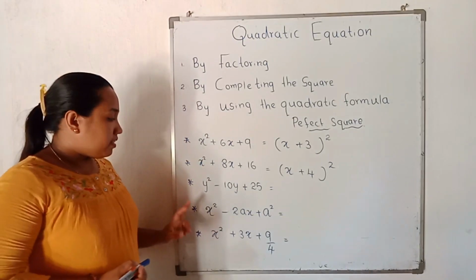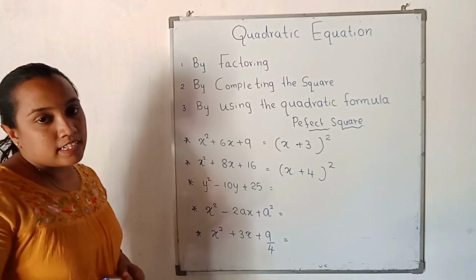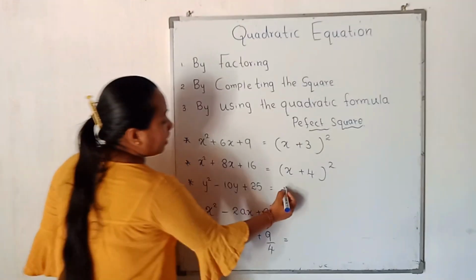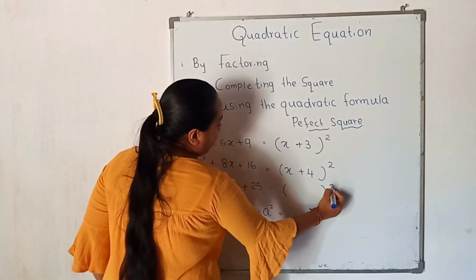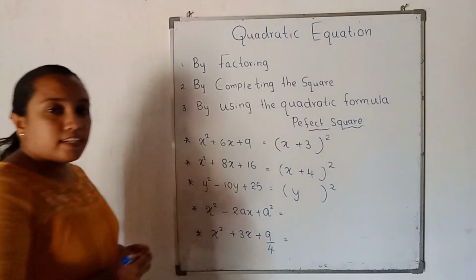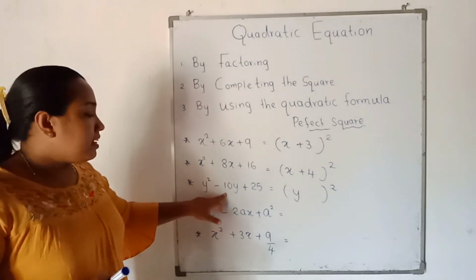Third example. It is built up using y. The unknown term in this quadratic expression is y. How do we write it as a perfect square? Considering the coefficient of y, it is minus 10.